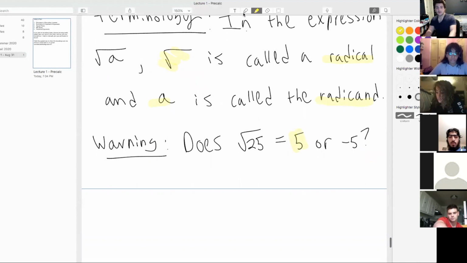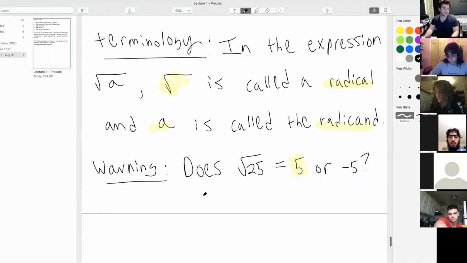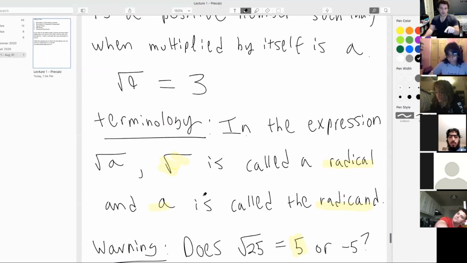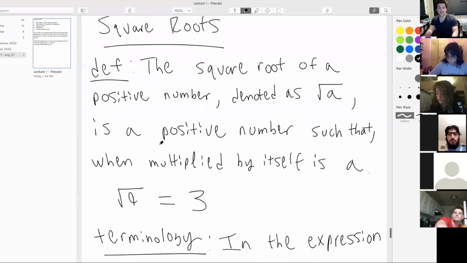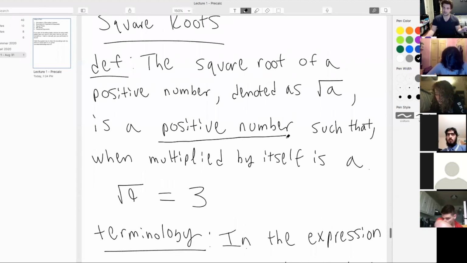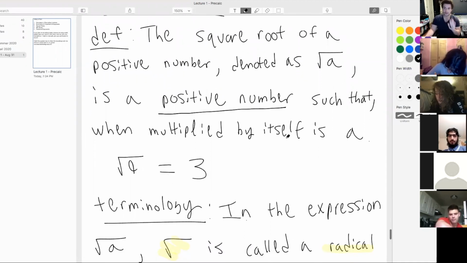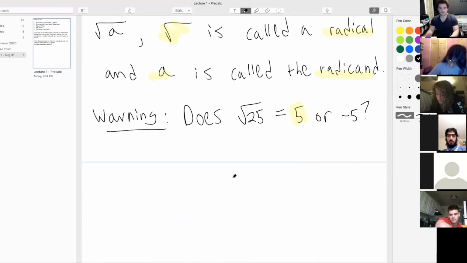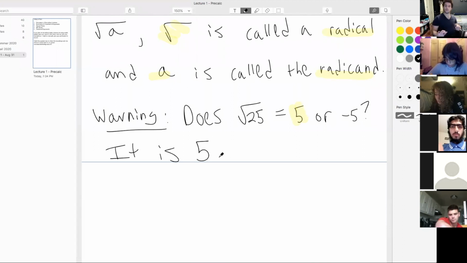The reason is that if you go up to the definition of the square root, you take it to be the positive number such that when you multiply it by itself, you get back a. So we're always looking at that positive branch of the square root. So it is 5.